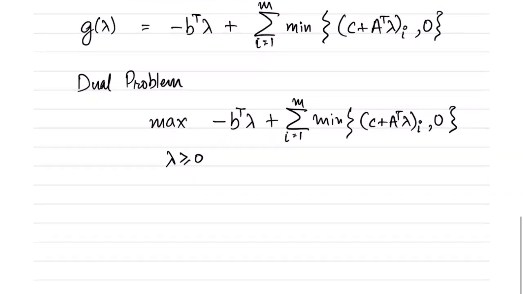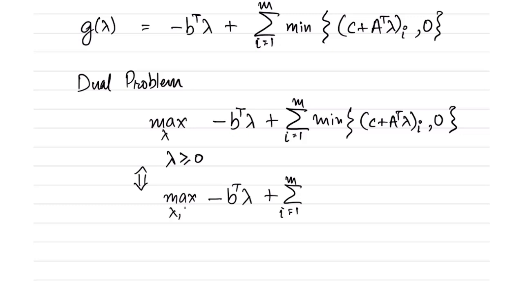We have a maximization problem, but one of the objective terms is the minimum of two terms. So what we can do is apply the epigraph trick, but in the opposite direction. So this problem can be written as maximization, with respect to lambda, of minus b transpose lambda plus summation over i equal to 1 to m of t_i.